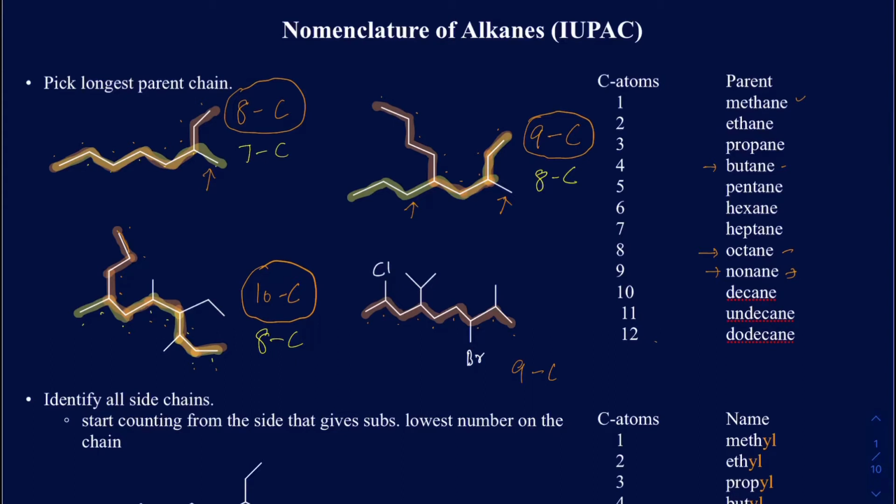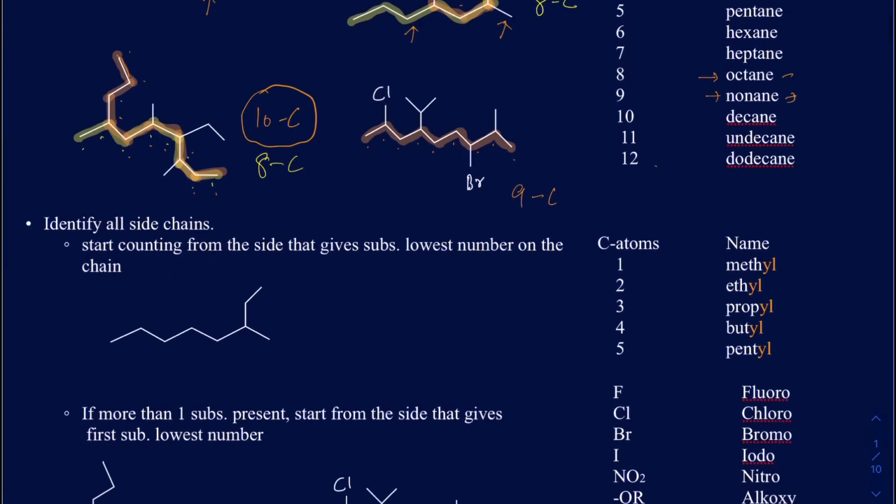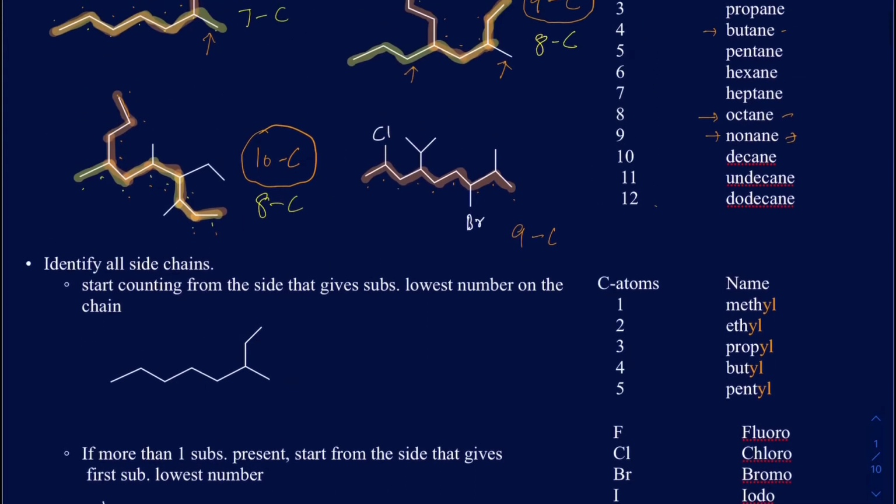Okay, well, that's your first step, identifying the longest chain. Once you've done so, you move on to the next step where you're going to be counting the side chains. You're going to be counting your parent chain, and there are usually going to be a couple of ways you can do so. So let's suppose these are the same example that I have up there.